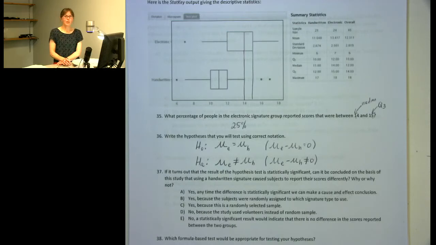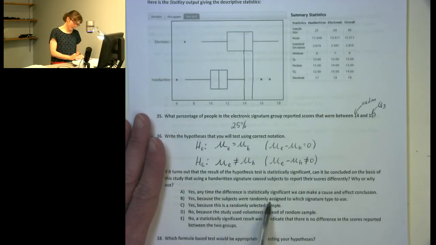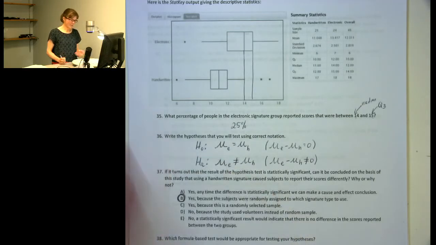But remember that we used random assignment. And so what random assignment should do is make it so that people who would tend to score higher or lower in the quiz are evenly divided between the two groups. So because we have random assignment, we should in fact be able to make a cause and effect conclusion from this study.